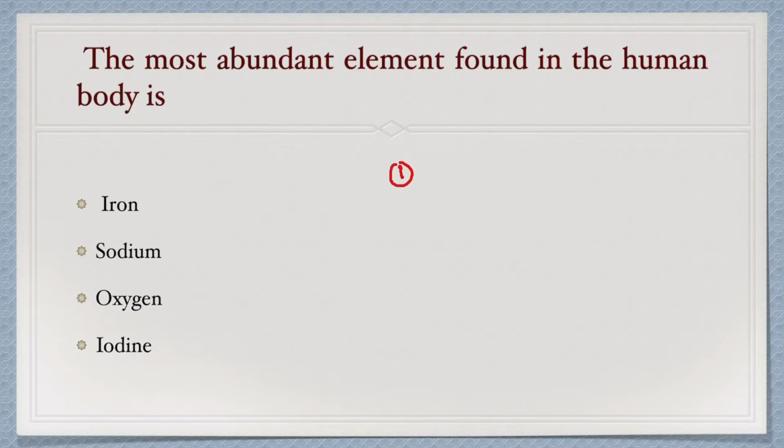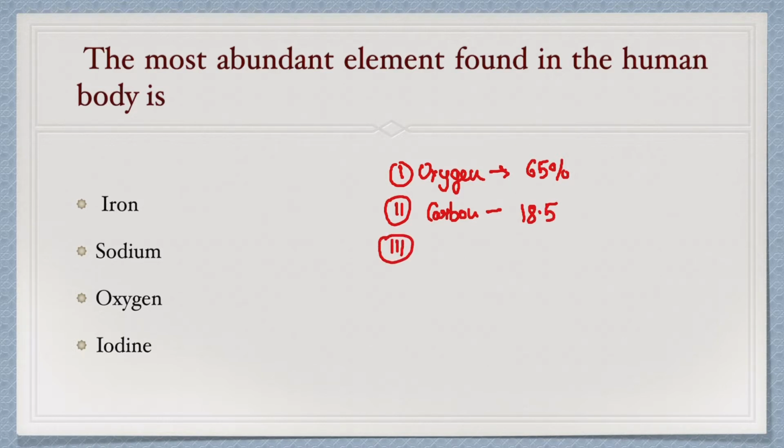The first element is oxygen, which is nearly 65%. Second one is carbon, which is nearly 18.5%. Third one is hydrogen, 9.5%.